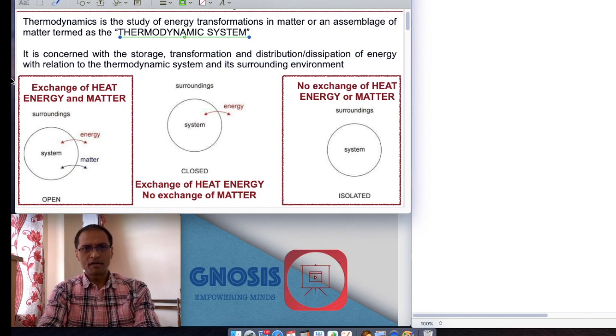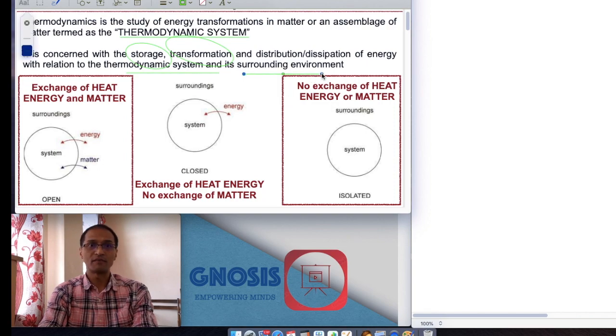So when you look at thermodynamics, it is concerned with the storage, the transformation, and the distribution or dissipation of energy, and how this redistribution and transformation of energy takes place in relation to what we call the thermodynamic system and its surrounding environment.